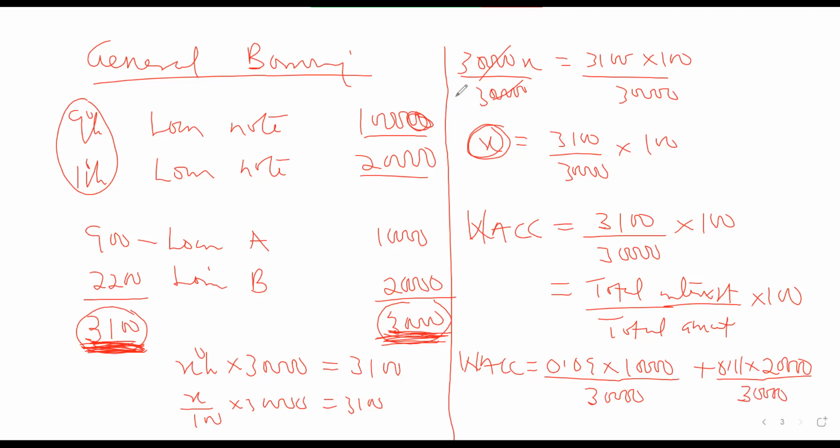You can see that the 30,000 are the same, so you just add the top. Sometimes there's a long formula that people have been using, that is too long for you. Just calculate total interest over the total amount. That is it.